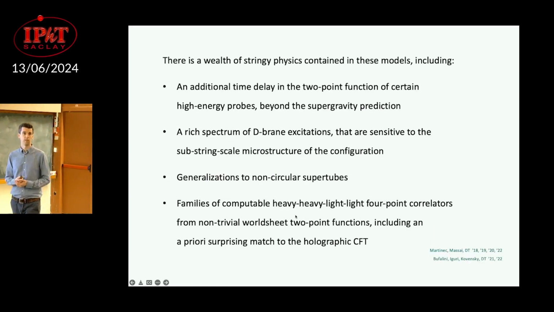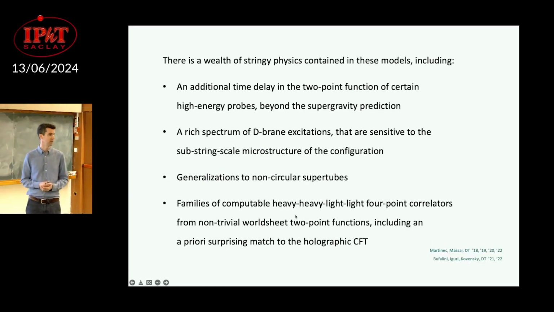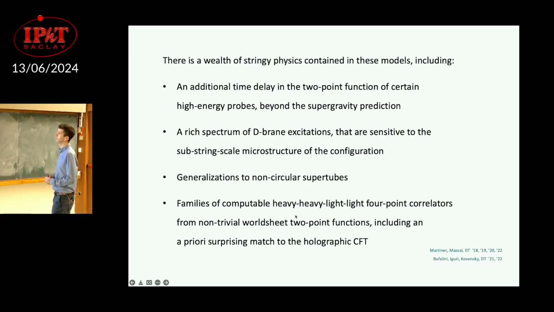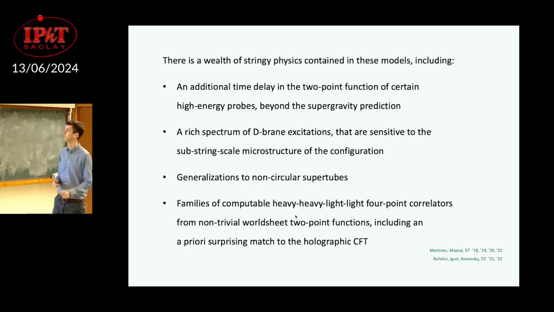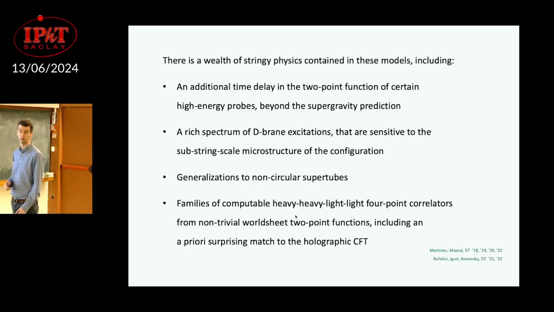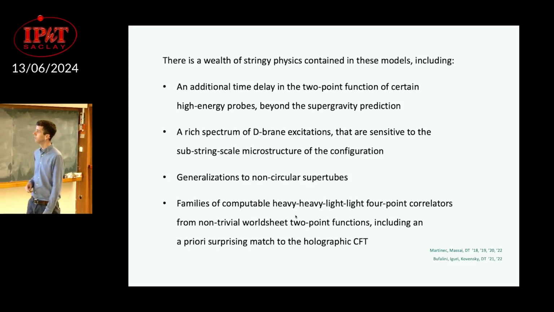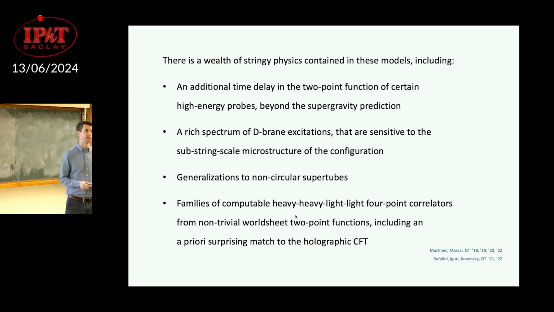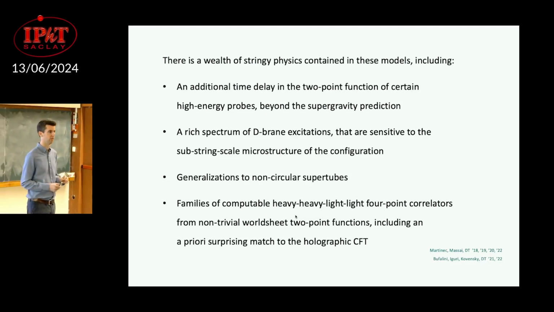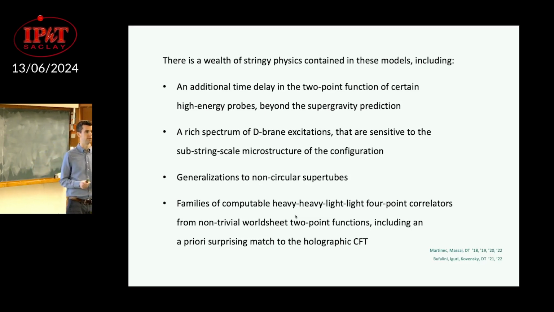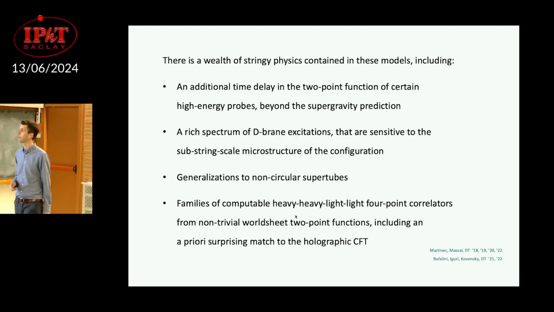So there's a wealth of stringy physics encoded in these models that we've been exploring over several years. For instance, the two-point function of some high-energy probes encodes an additional time delay beyond the supergravity prediction. There's a rich spectrum of D-brane excitations, which are sensitive to the sub-string scale microstructure of the configuration, by which I mean the separation between individual NS5 branes.